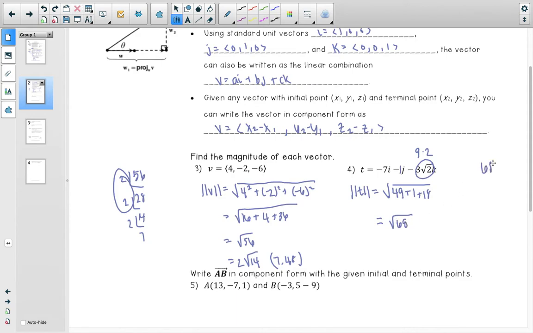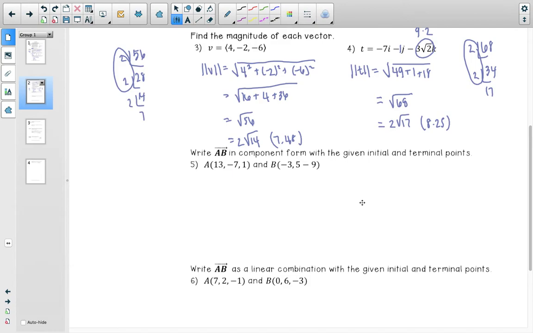If you simplify that, 68 divided by 2 is 34. Divide that by 2 and you get 17, and you're done because that's prime. So you get 2 root 17. Oops, I wrote a 4. And that is equivalent to about 8.25.